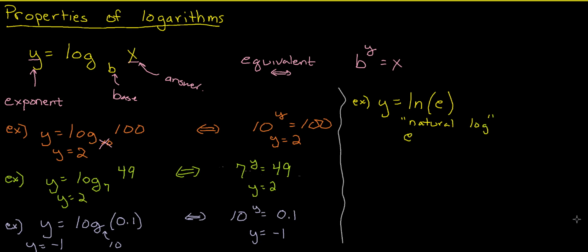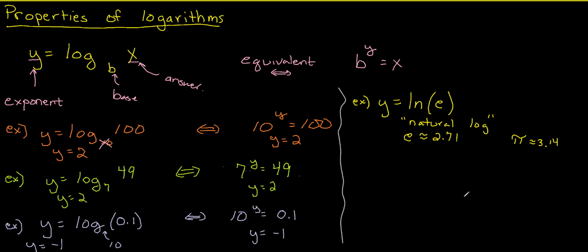E is the irrational number, and it's about 2.71. Like pi is about 3.14, it has a bunch of digits that never repeat and never terminate. It's irrational. Same is true with e. This is an irrational number, and it's about 2.71.